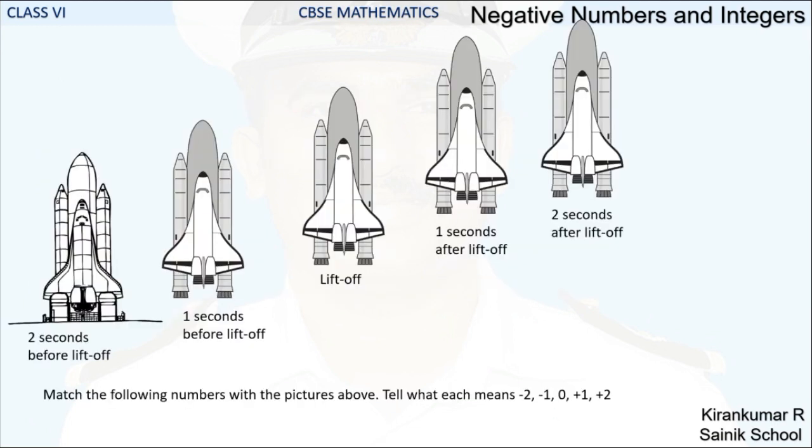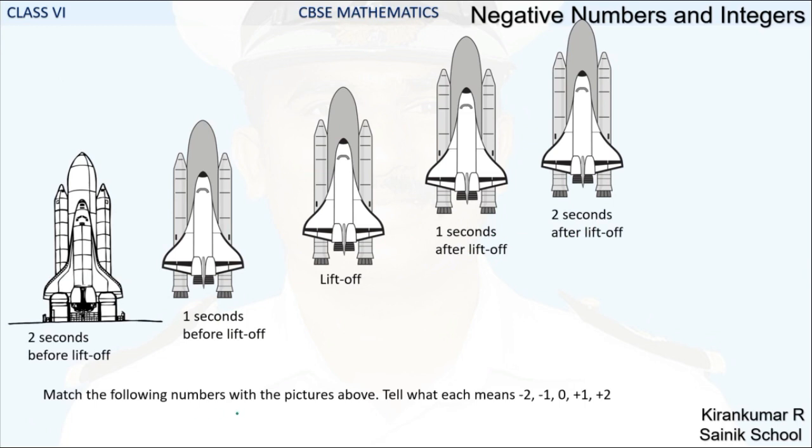Look at this. Here there are many rockets. There are some situations which are mentioned below them. 2 seconds before liftoff, 1 second before liftoff, liftoff, 1 second after liftoff, 2 seconds after liftoff.